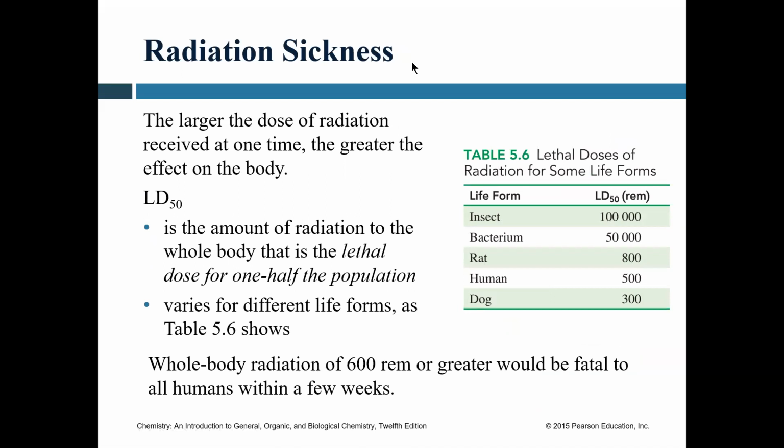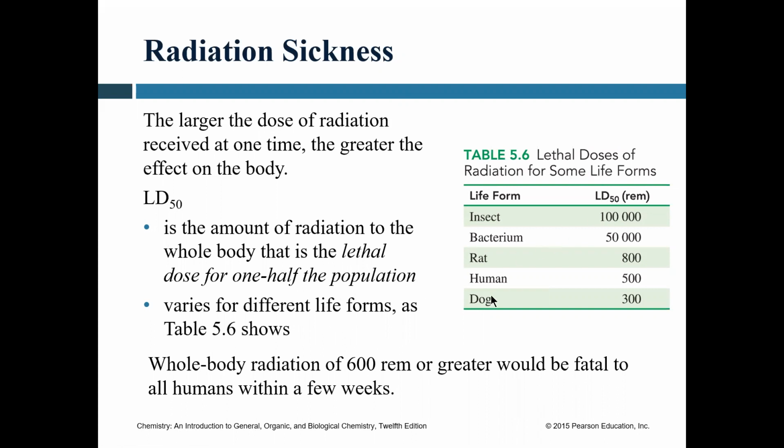So radiation sickness: the larger the dose of radiation received at one time, the greater the effect on the body. This LD50 value is the amount of radiation to the whole body that is lethal for half of the population. So half of people would survive, probably wouldn't be feeling very good, but half the people would die.